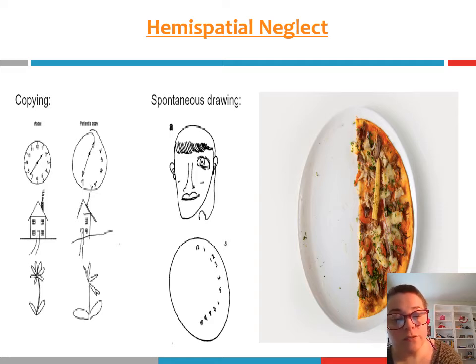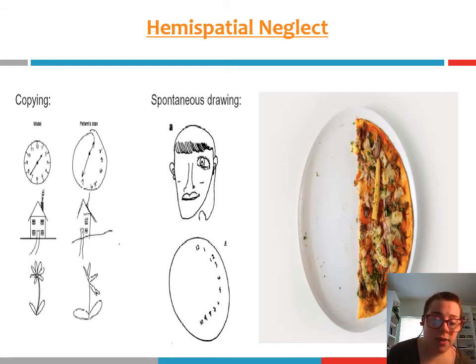And one of the reasons why it's usually the right hemisphere is because if you damage the left hemisphere, there is actually representation in the brain on both the left and right hemisphere for perceiving the right side of space, right?